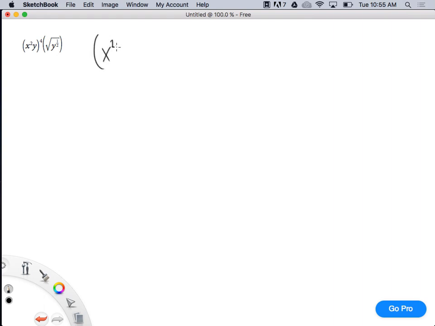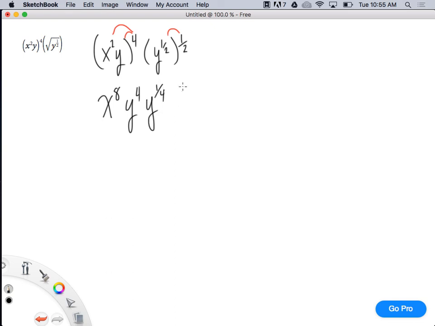Rewrite the radicals. It's x squared y to the 4th power. Then it's y to the 1/2. And then the square root, so again a 1/2. I distribute that power in. It becomes x to the 8th, y to the 4th. I have a power raised to a power, so I multiply them. It's y to the 1/4.